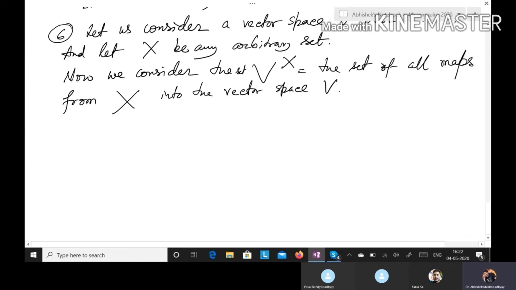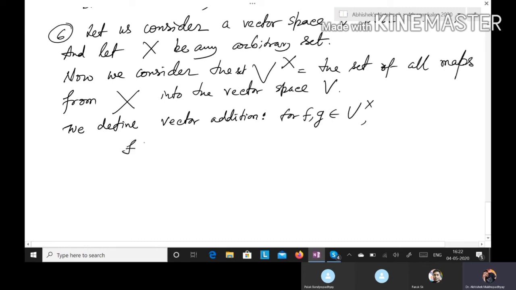So we define vector addition. What is vector addition? For two maps f, g belonging to V^X, we can define the vector addition f + g.